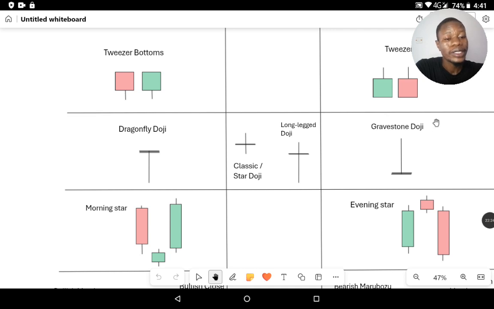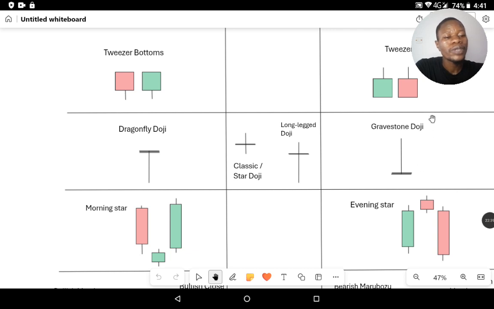On the resistance level, it shows that the buyers, after the market has been bought to a resistance level, couldn't go further, so the sellers came in to challenge them and they had to settle for almost no winner, no loser.